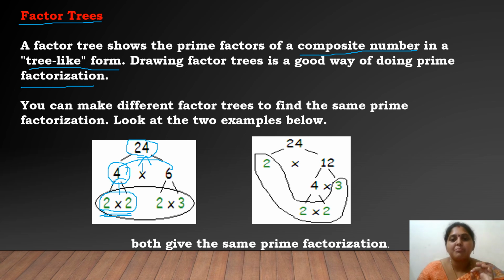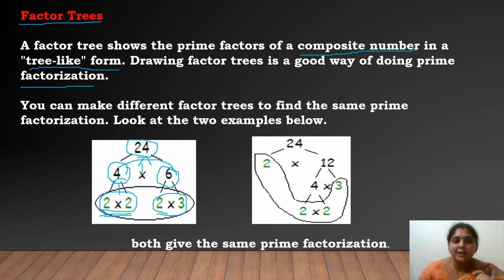Now, I must get prime numbers for the number 6. How can I find out the prime numbers for 6? 6 can be identified in the 2 table and the 3 table. So I can write 2 into 3 or 3 into 2. 2 and 3 both are prime numbers. So I can stop my prime factoring here. Now, what are the prime factors for 24 here?